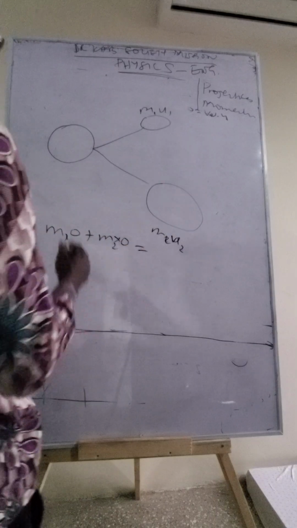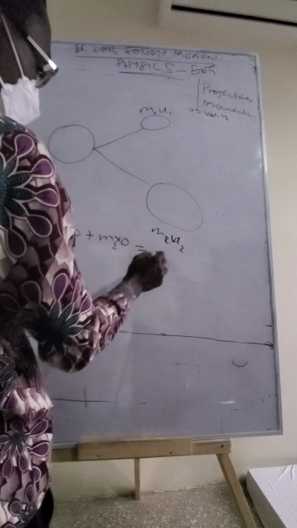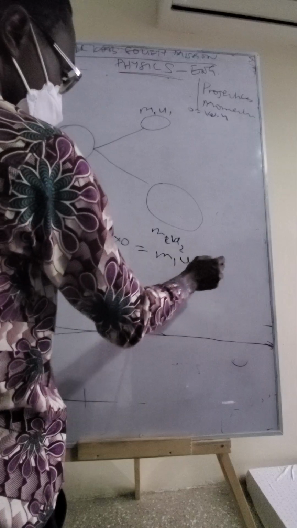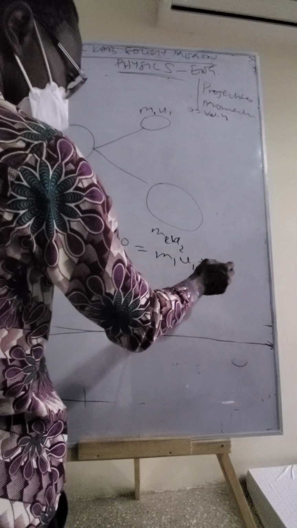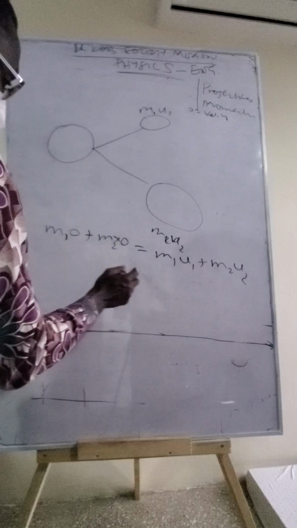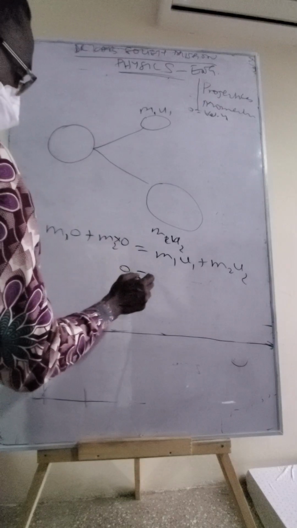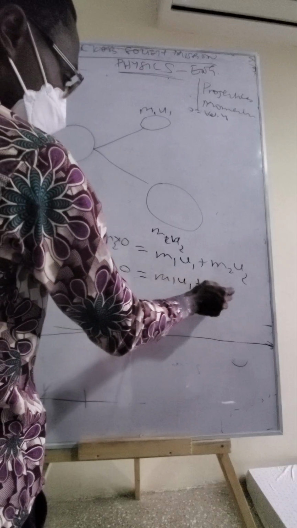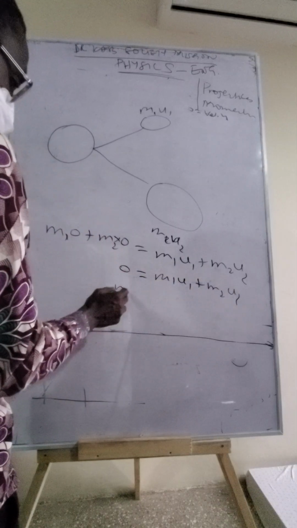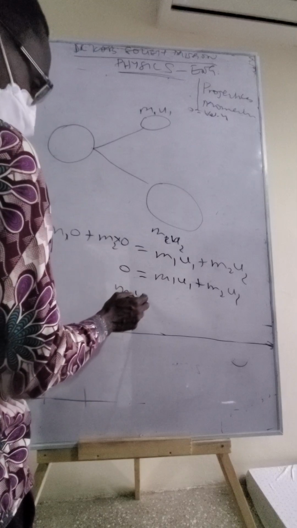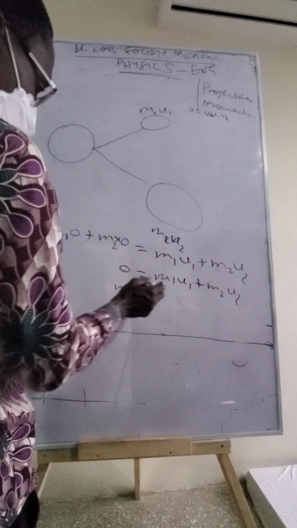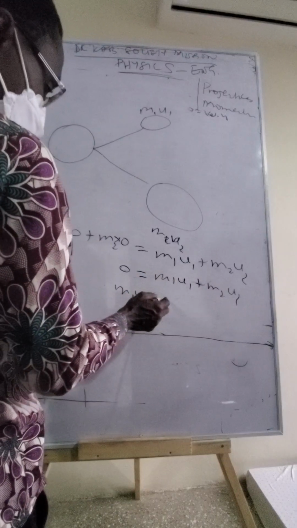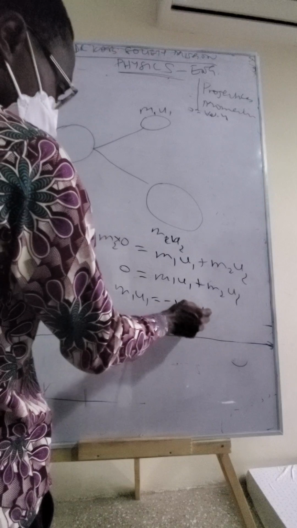Then after the blast, they are now going to have velocity. So M1 U1 plus M2 U2. In other words, 0 is equal to M1 U1 plus M2 U2, which will mean M1 U1 is equal to, if you bring this one across the equal sign, or you can bring any of them, negative M2 U2.